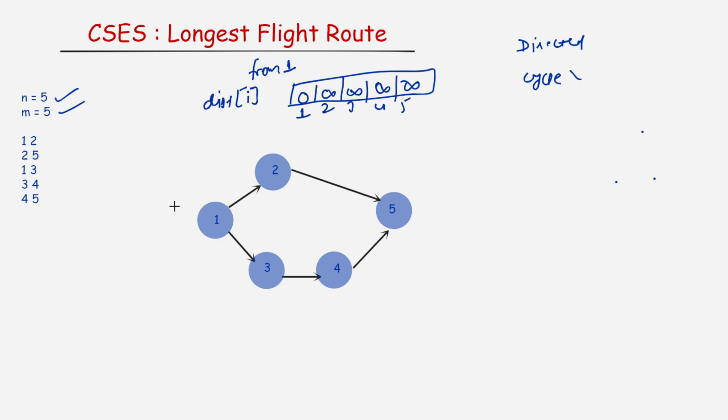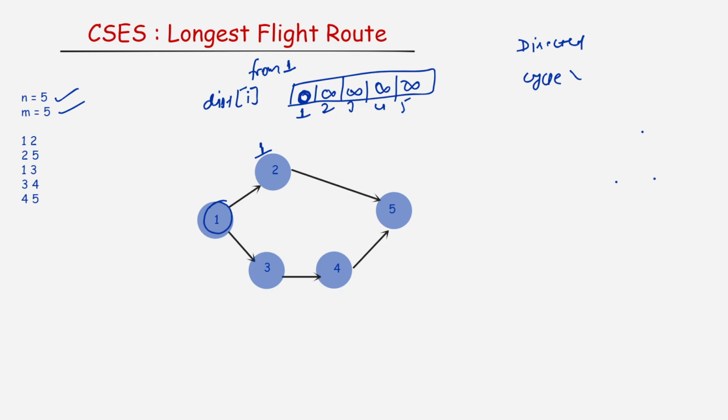So you can come to a conclusion for this node. The answer for the distance from node 1 to node 1 is 0. Now this node depends on node 1, and you know the answer for node 1. So what would be the answer for node 2 with respect to node 1?